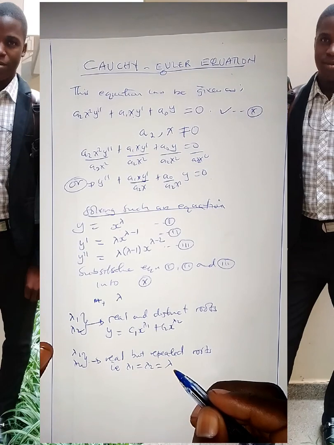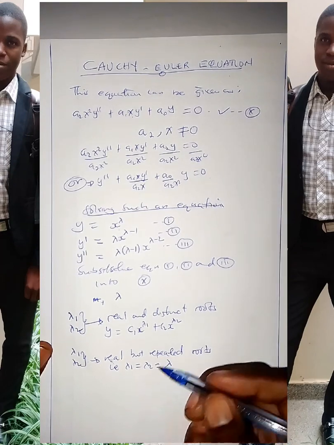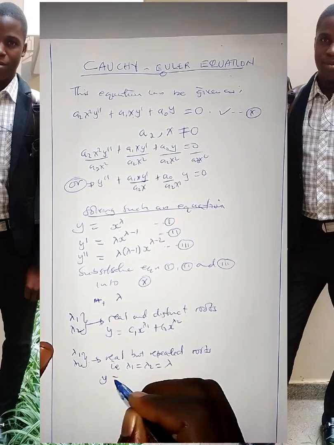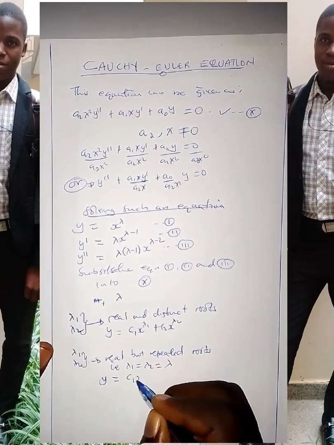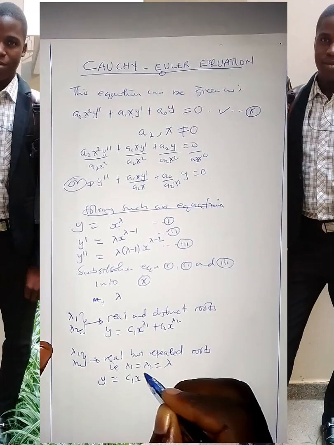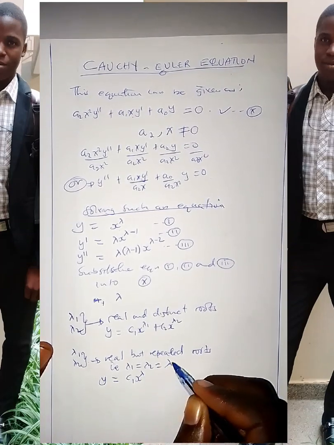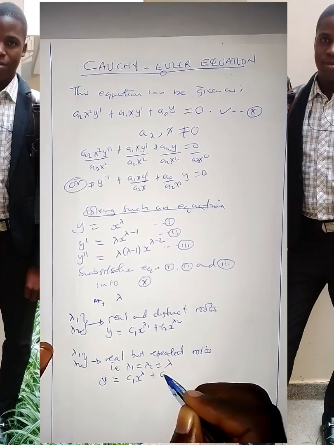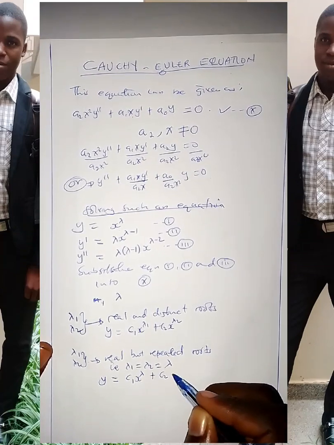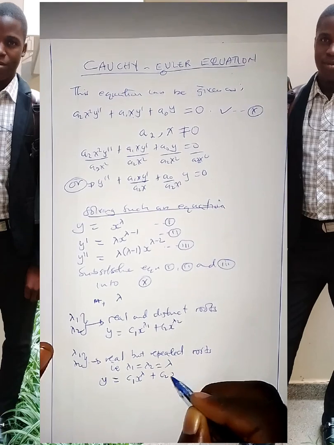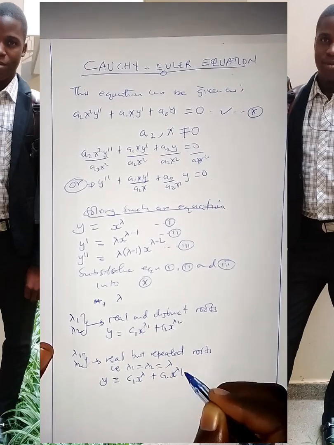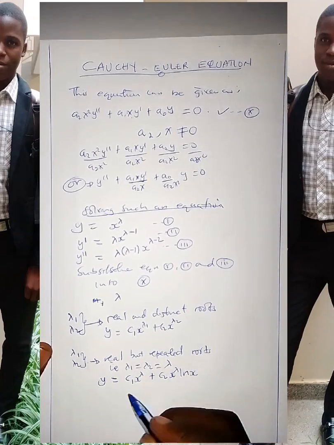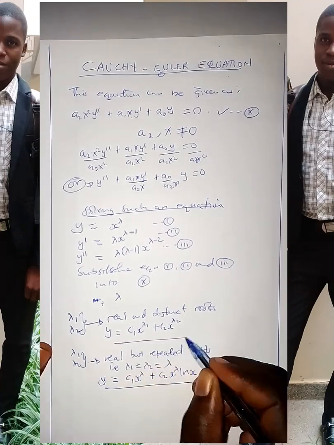So when you are writing the general solution in this case, it will be y equals c1 x to the power lambda, plus another constant c2 times x to the power lambda, then the natural logarithm of the variable we have, which is x.